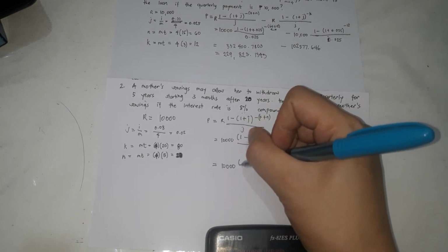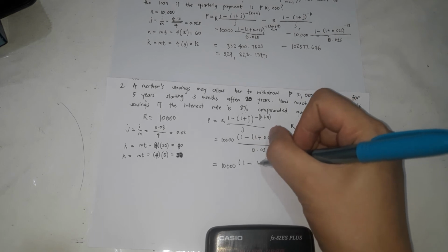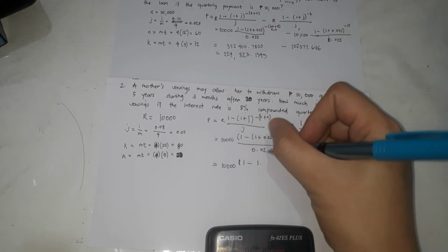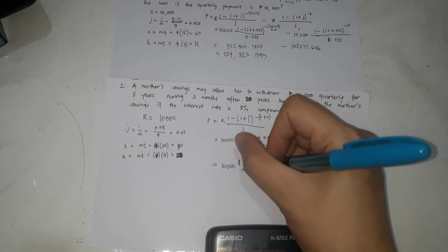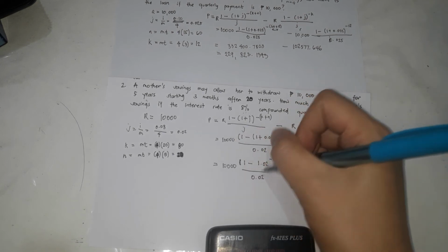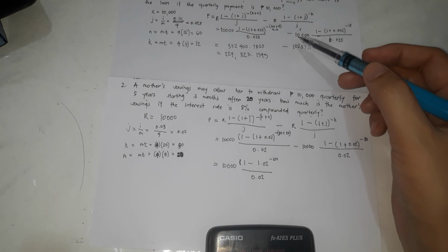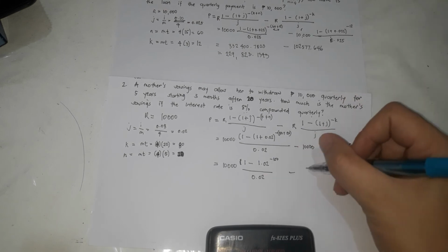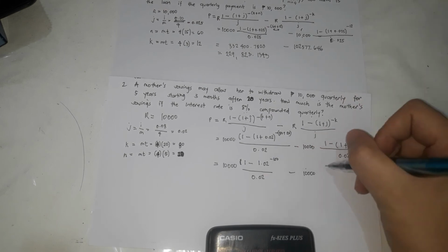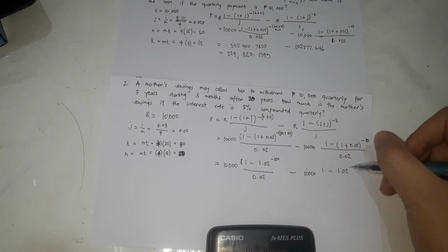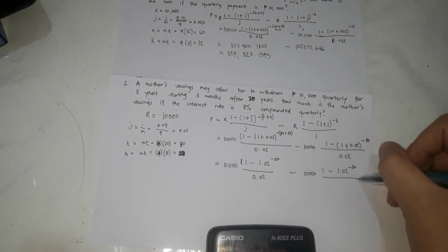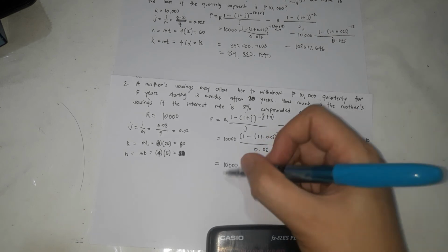Bakit nilagay ko 10,000? 1 minus 1.02 raised to the power of negative 100 over 0.02, or you could answer directly just like our first example, minus 10,000, 1 minus 1.02 raised to the negative 80 over 0.02.